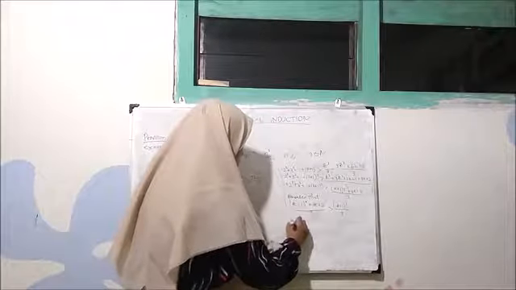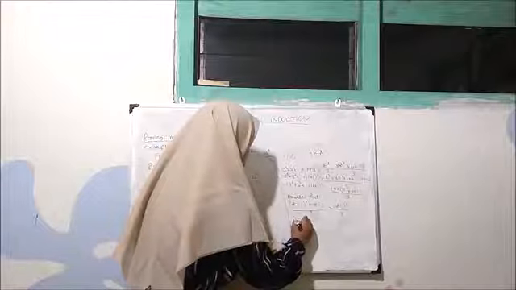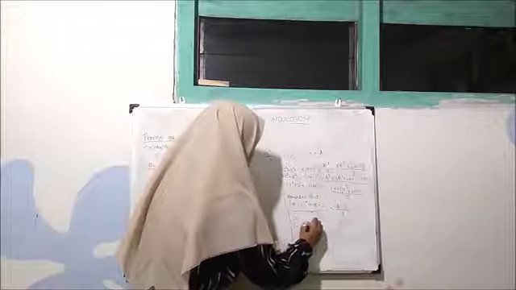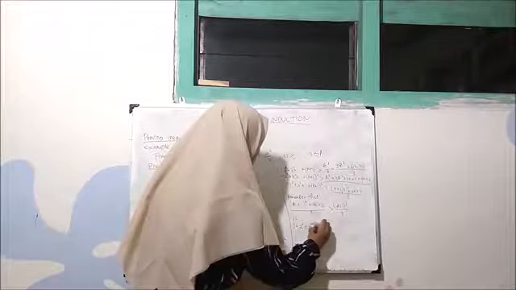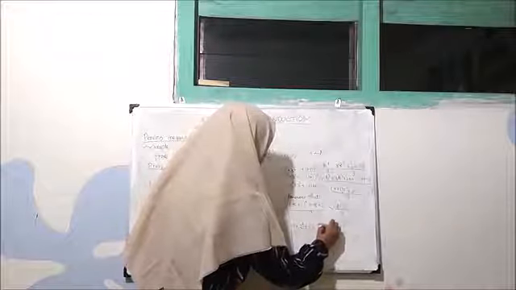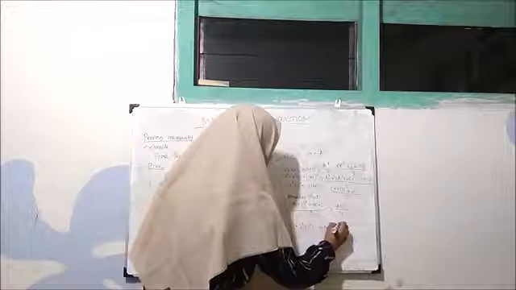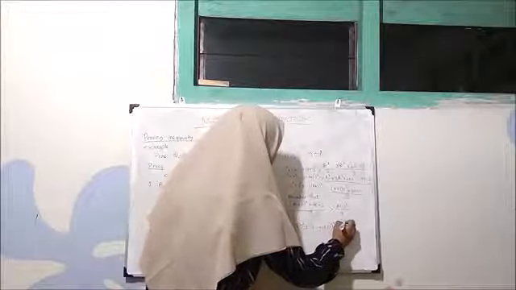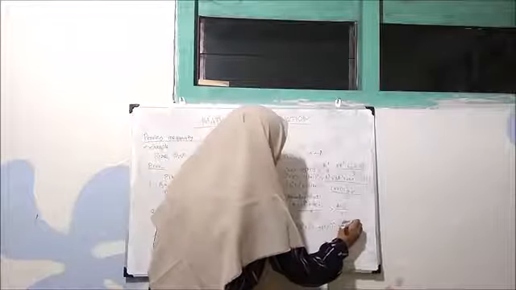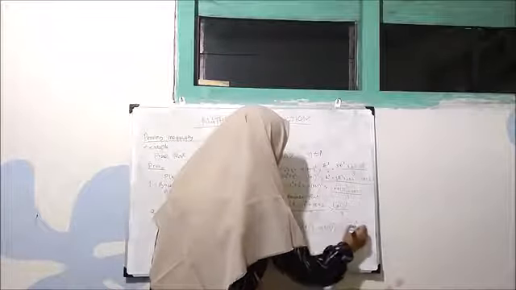So 1 plus 2 square plus 3 square and so on until k plus 1 square is greater than k plus 1 cube over 3.